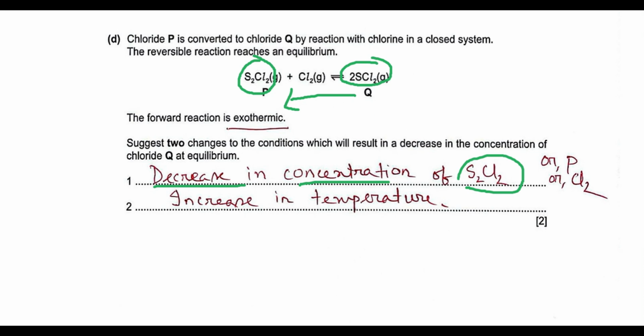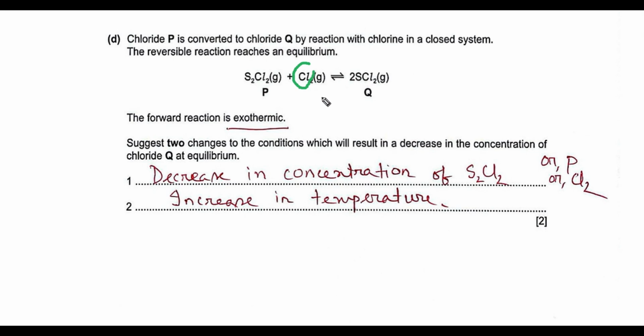Or you can write decrease in concentration of chlorine. If you decrease chlorine concentration, equilibrium will move from right to left, so Q will decrease. So change number 1 will be decrease in concentration of S2Cl2, or P, or Cl2.